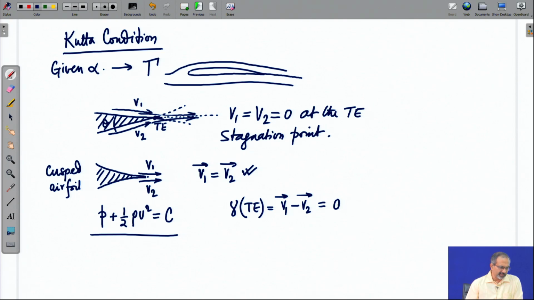So, what does it finally say? It says that at the trailing edge of the lifting surface, the strength of the vortex sheet has to go to 0, only then the flow would leave the trailing edge of the lifting surface smoothly. So, this is the Kutta condition.